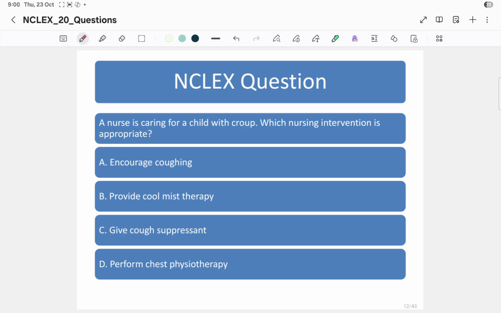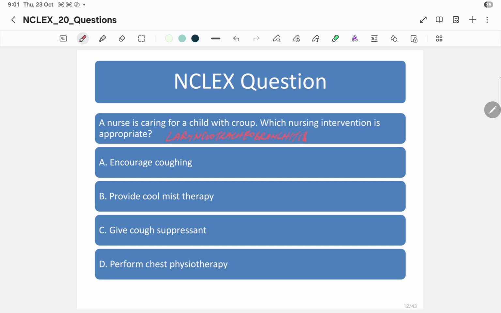So, croup. What is croup? Croup is also known as laryngotracheobronchitis.